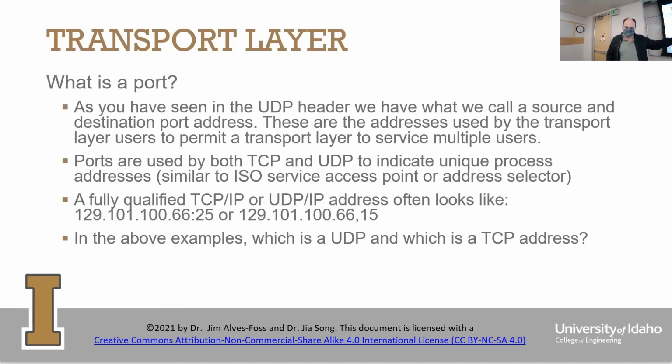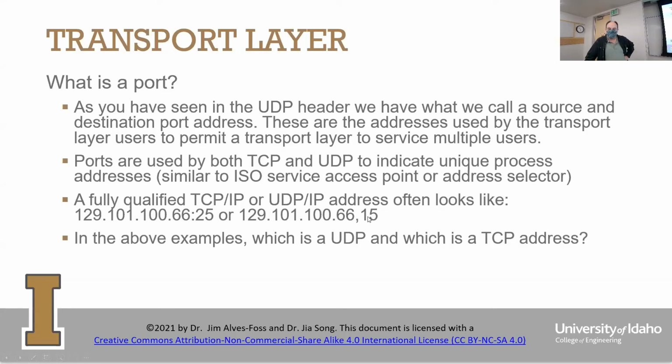Okay, so I was just talking about ports. It is common in our dotted decimal notation of IP addresses to use a comma followed by a port number to say that's a UDP address, and a colon to say it's a TCP address. Some people are nicer and actually tell you TCP, this one, UDP, this. Not everybody does.